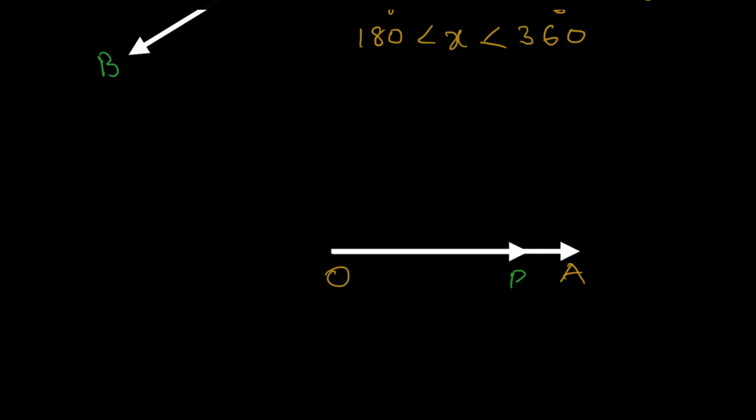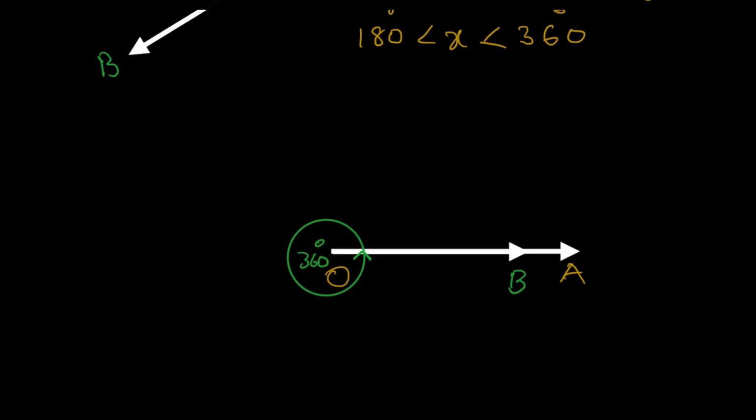Now if I say OB is the terminal ray, OA is the initial ray, both have come in line with each other. Therefore, this type of angle is called a complete angle. Because it is completing one rotation, this angle will be equal to 360 degrees.